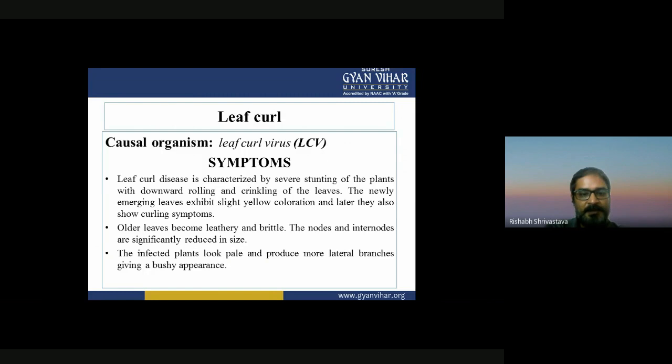The newly emerging leaves exhibit slight yellow coloration and later they also show curling symptoms. Older leaves become leathery and brittle. The nodes and internodes are significantly reduced in size. The infected plants look pale and produce more lateral branches, giving a bushy appearance.